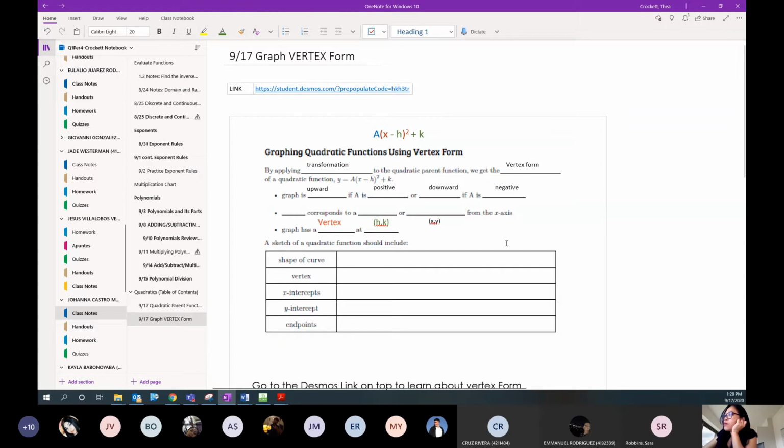Okay, cool. So those are the introduction. The most important thing is vertex. And then this A. So A, H, K. Now click this link.